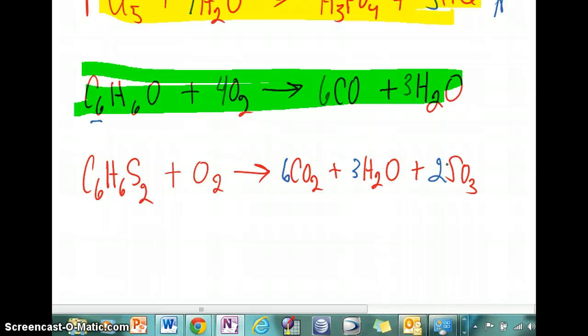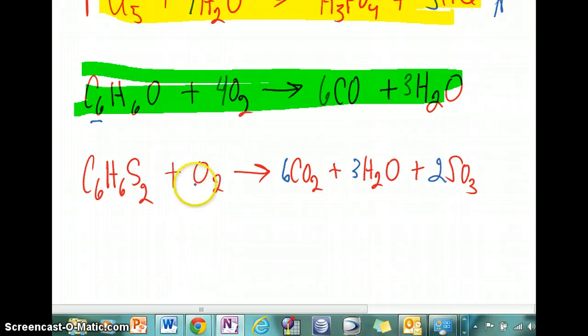But now let's look at our oxygens. Over here on the product side, I've got 12 plus 3, that's 15, plus 6 is 21. So it's 21. Is there anything that I could put in front of here to make this 21?